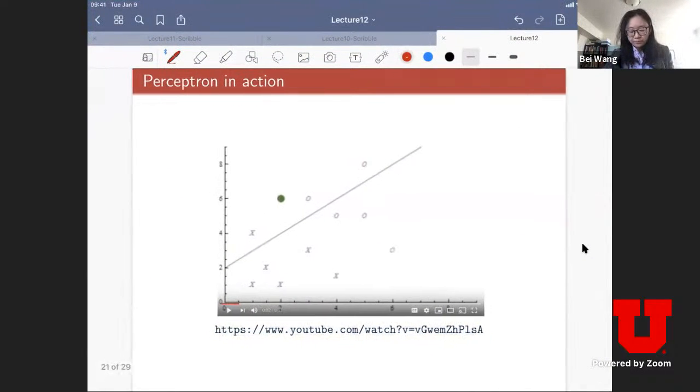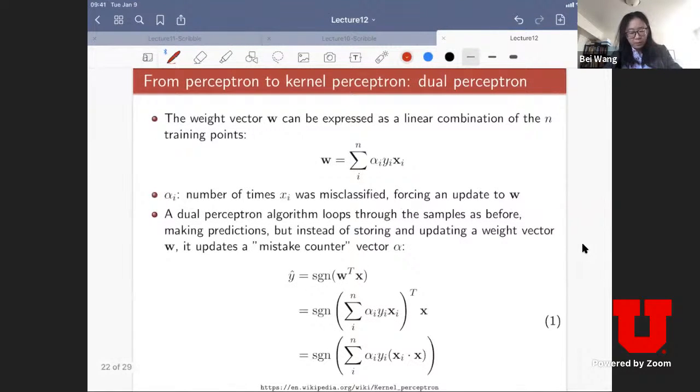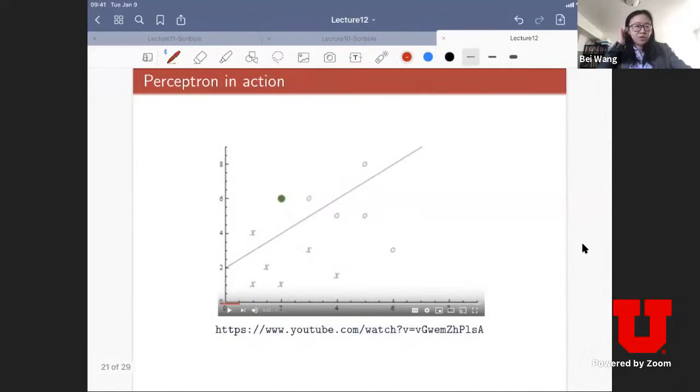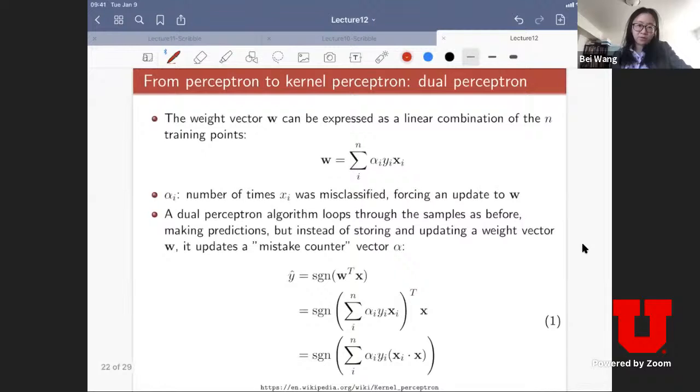I just ran out of time, but what I showed you is how to adjust this linear classifier in the original data space. Remember, my ultimate goal is to introduce a kernel perspective.